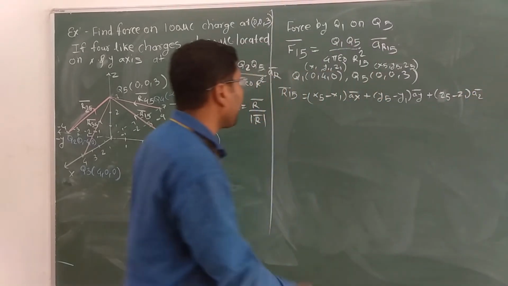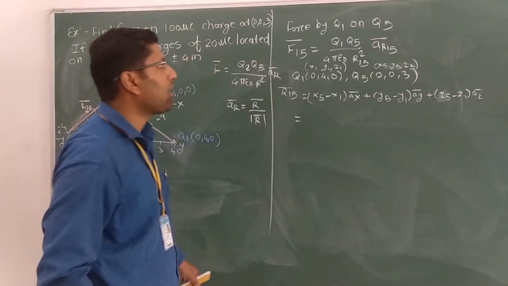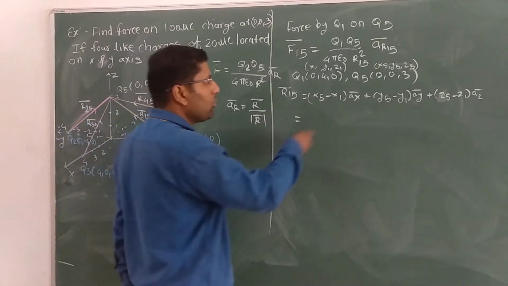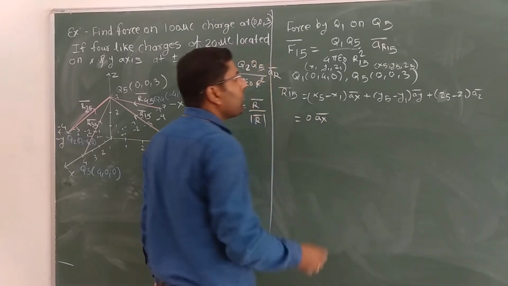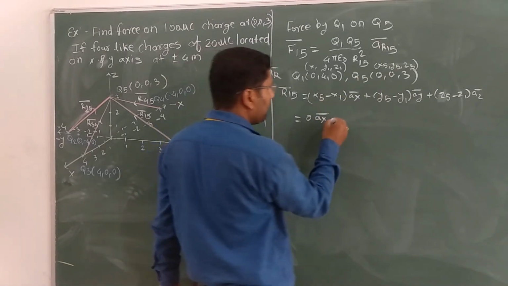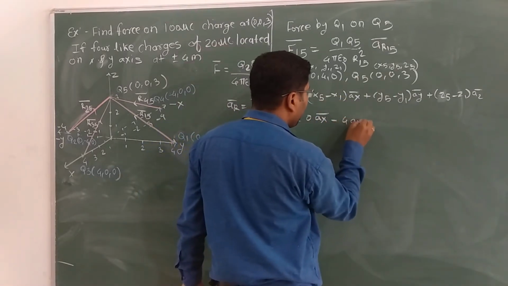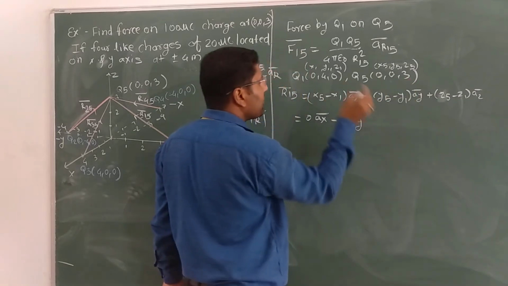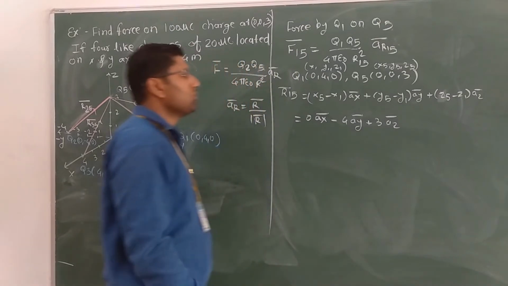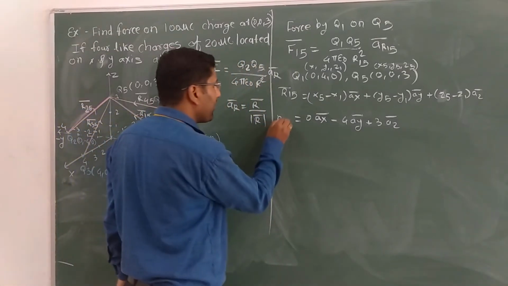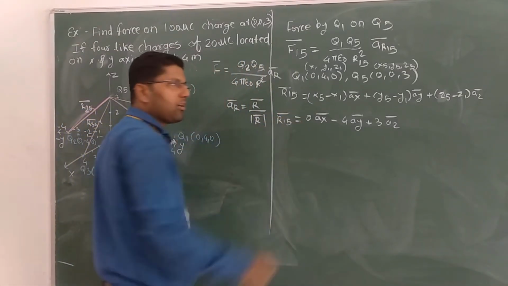By that we have to calculate R15. Now calculate R15. So 0 minus 0, ax bar will cancel, 0 ax bar. 0 minus 4, ay bar. 3 minus 0, 3 az bar. So we have calculated R15 bar.